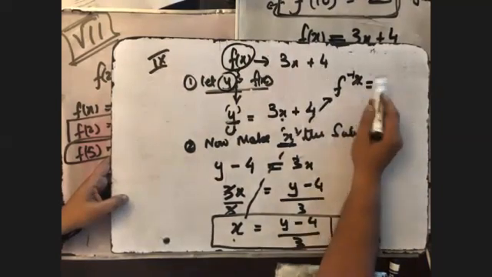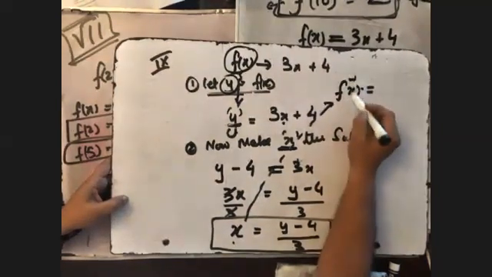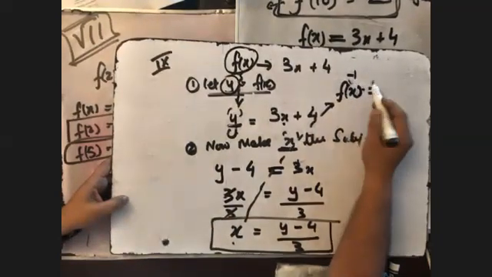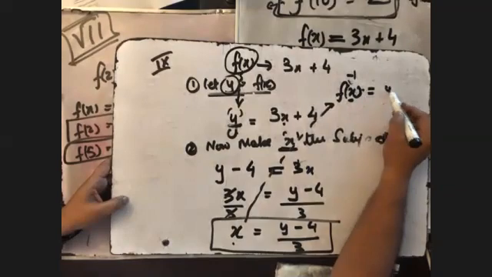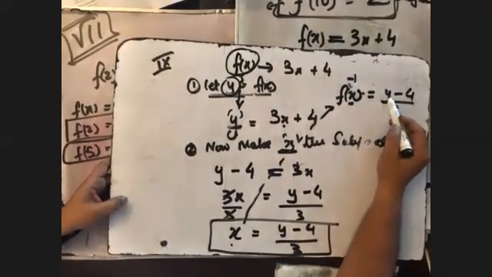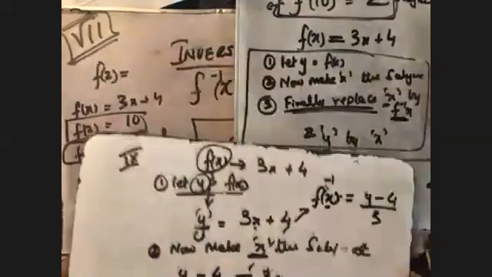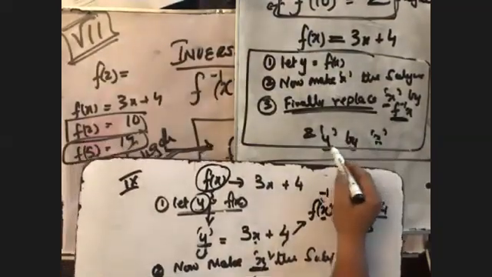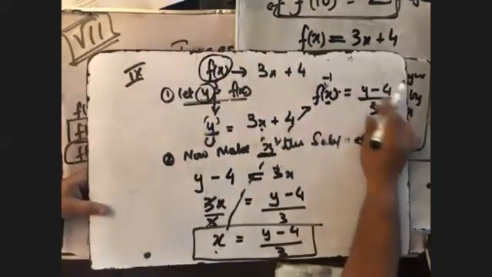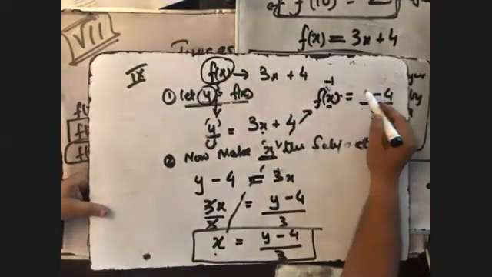And because you've done the inverse function, it's a function of x. Can you write y minus 4 over 3 here? No, it's a function of x, not a function of y. So you go to step number 3, read further. And y also has to be replaced by x.